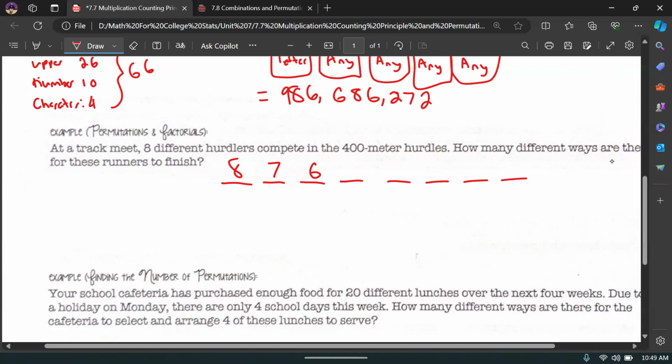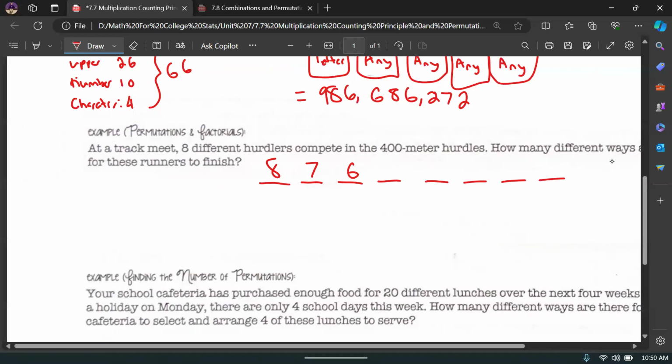Because whoever finishes first and second are no longer capable of finishing third, etc. You can kind of see where this trend goes. If you're first, second, or third, you've already finished. There are 5 possible people to finish fourth, and then 4, 3, 2, and 1. Hopefully that makes sense.